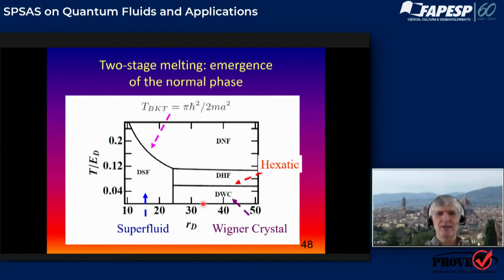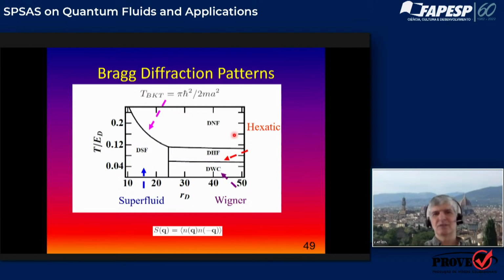So as you raise the temperature, the Wigner crystal melts, but it melts first only by losing translation invariance. And then there's a second melting transition when the system loses the rotation invariance. So the dipolar normal fluid has only continuous translation and rotation invariance, not discrete.